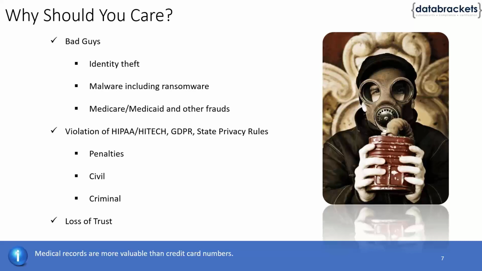But this is real. Penalties are becoming more and more frequent. In fact, the OCR unit of HHS is hiring a lot of auditors to make sure they are able to address all the complaints they are getting from patients and other agencies. Of course, there are civil and criminal liabilities also if we are not able to follow some of the requirements outlined in HIPAA HITECH.